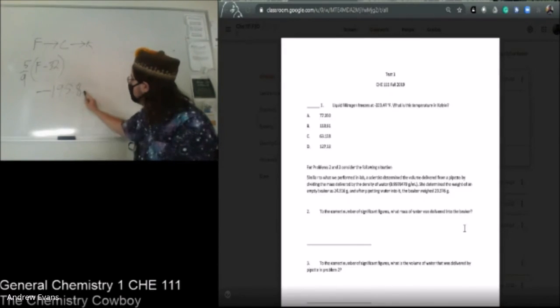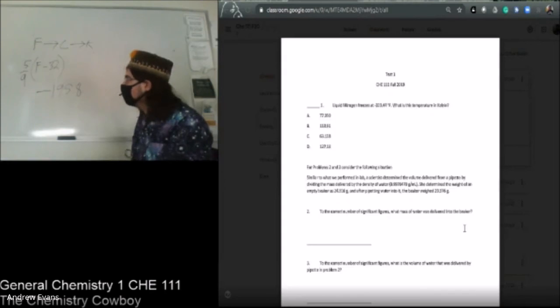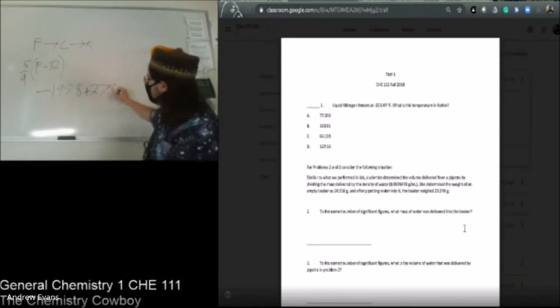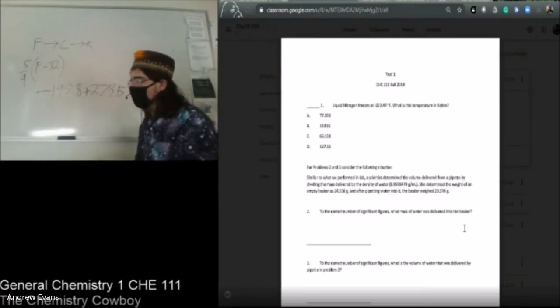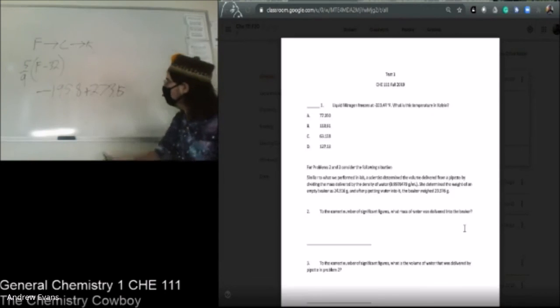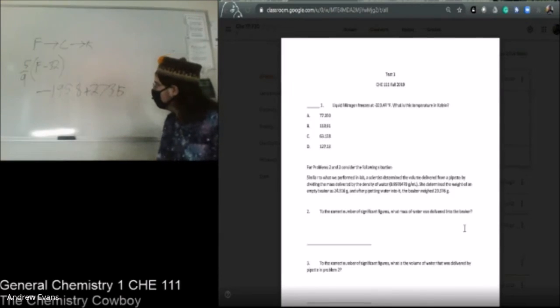Finally, to get this into Kelvin, we have to add 273. Celsius plus 273 gives us Kelvin, because Kelvin can never go below 0. We cannot have a negative temperature in Kelvin. So when we add 273.15, that will give us our Kelvin, which is going to be something like 78.